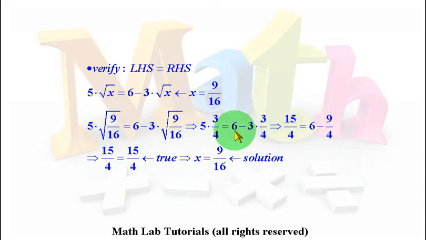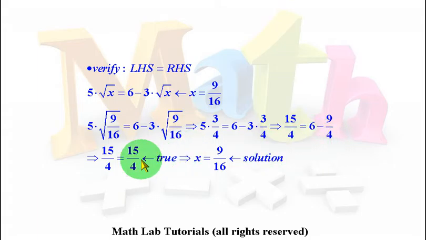On the right, we get 6 minus... no, what am I doing? Over here, we get minus 9 over 4. There you go. I thought that was an addition. Anyway, we get 3 dot 3 over 4, which is 9 over 4.